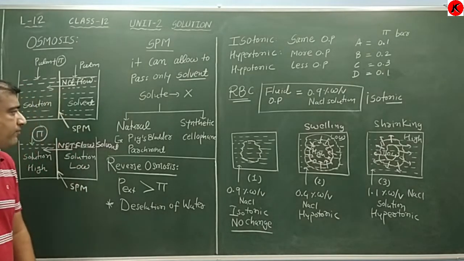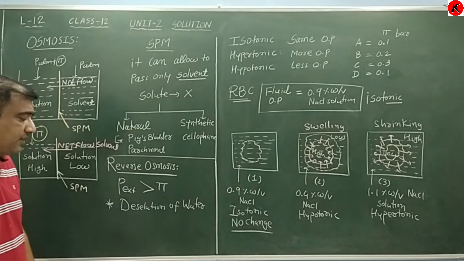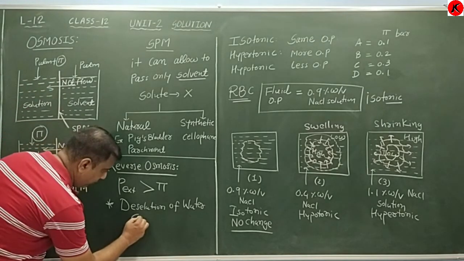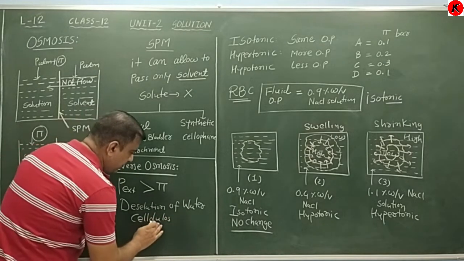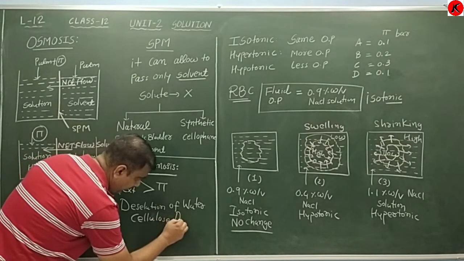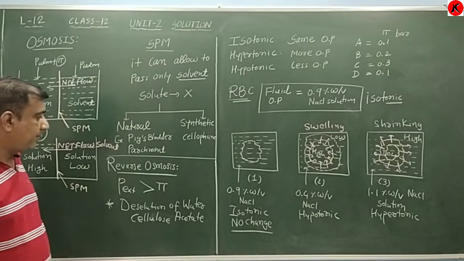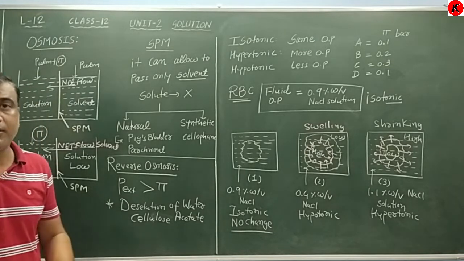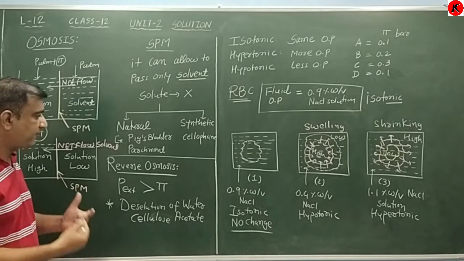and very high pressure is required in this situation. Various membranes are available for desalination purposes. One of the famous ones is cellulose acetate. The cellulose acetate membrane is widely used in desalination of water, and this water can be used for drinking.